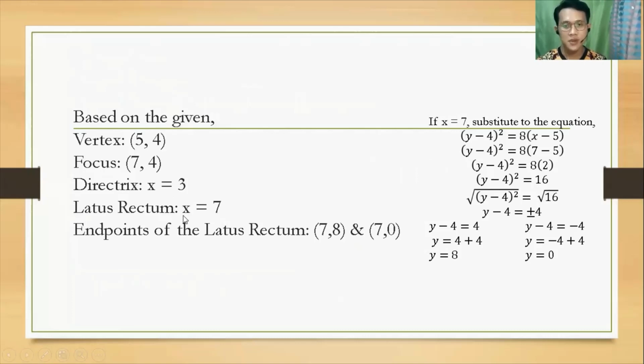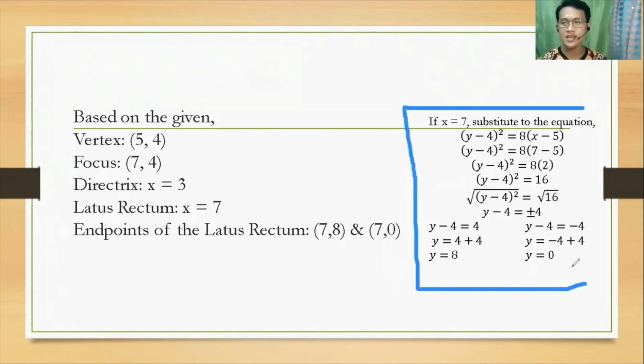And for the latus rectum, that is x = 7, basing it on the x value of our focus, because always remember that the latus rectum will always pass through the focus. In solving the endpoints of our latus rectum, it is shown here on the right part. You can pause this one and observe how we solved it.